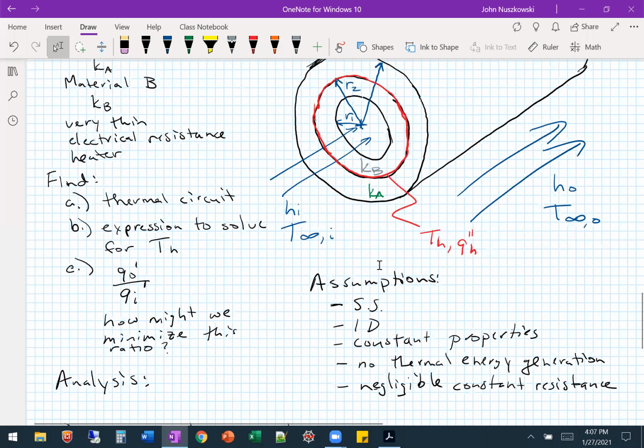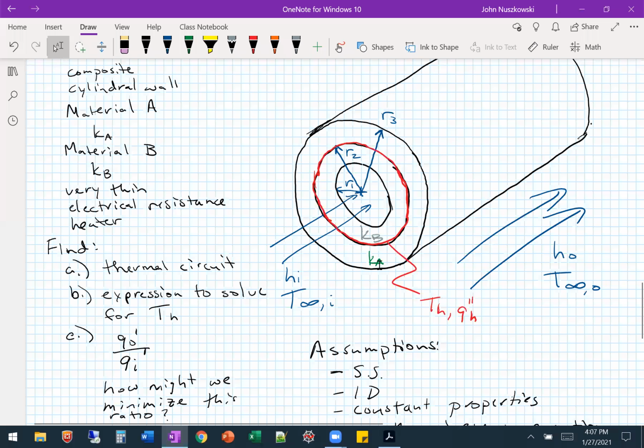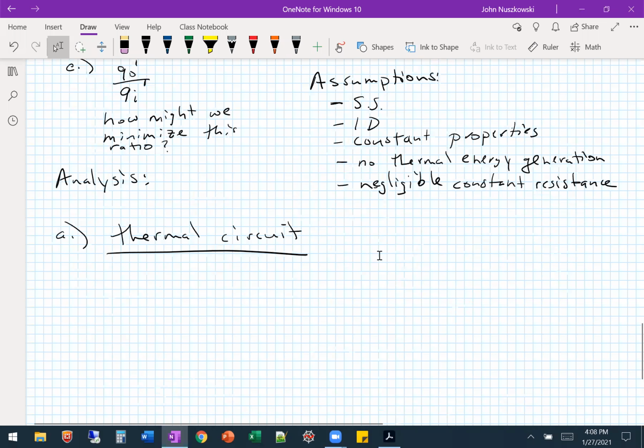How many thermal resistances do we have? Five. Okay. All right. So let's start from the inside to the out here.